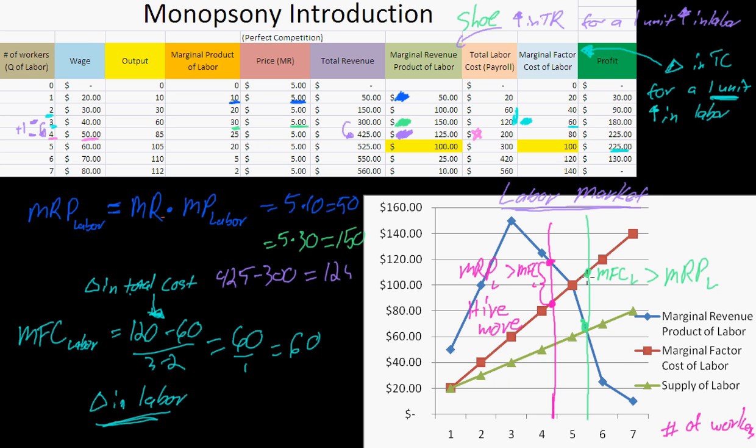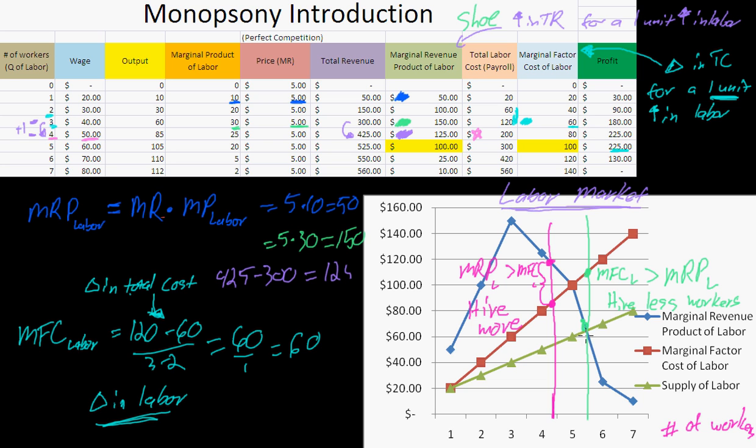The marginal factor cost is higher than what they earn us, their marginal revenue product. So we are going to hire fewer workers. And again, that's because they earn us less. Their marginal revenue product is less than what we have to pay them.